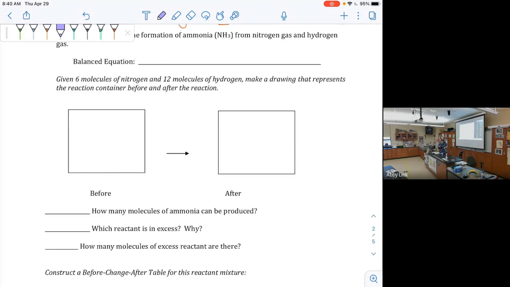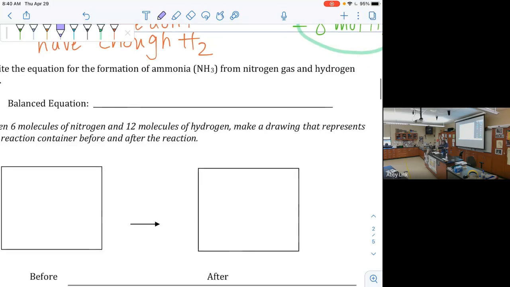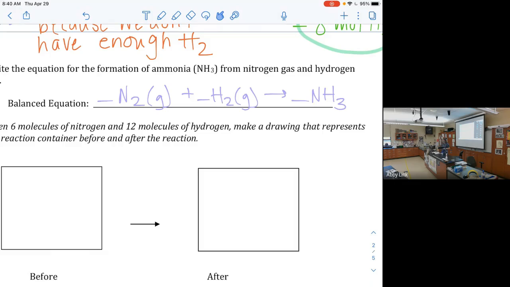This reaction is, let's see, which one is this? Formation of ammonia from nitrogen gas and hydrogen gas, okay. It should be pretty straightforward too. So N2 gas plus H2 gas yields ammonia, which is NH3.